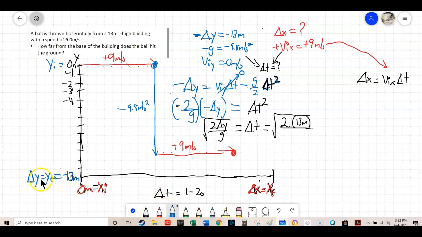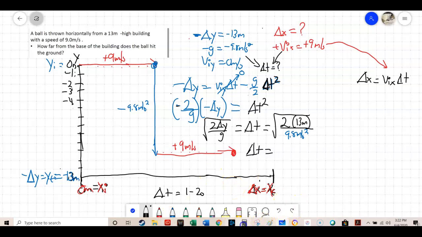I put the negative in the equation from the beginning, so that got rid of this negative 13. Negative delta y equals negative 13, so that's just 13. And the negative in the g is already taken care of, so we're actually just solving for magnitudes at this point. So this is 9.8 meters per second squared. And so delta t is going to be equal to the square root of all that. Well, that is 26 divided by 9.8.